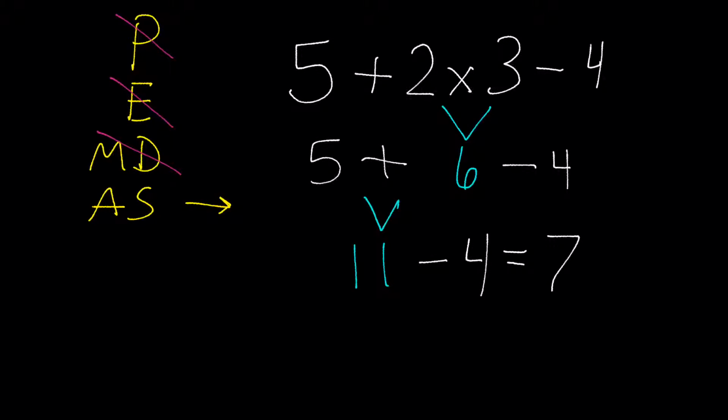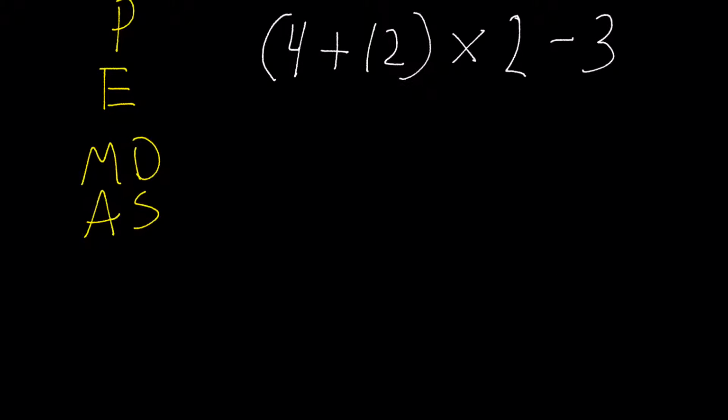Let's try another. This time we have 4 plus 12 in parentheses times 2 minus 3. Looking through our order of operations, we're going to have to take care of these parentheses first. If we didn't, we'd be multiplying first, but since we have these parentheses right here, they tell us to do this part first.